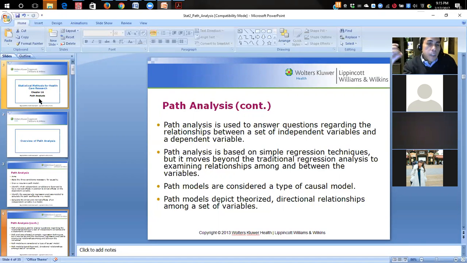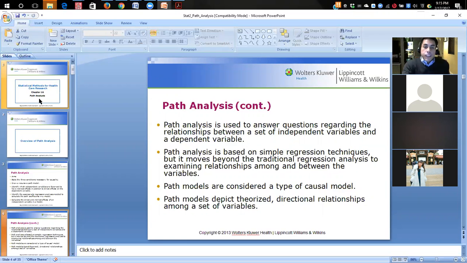Because when you look at the dictionary and you ask yourself, what is the meaning of recursive? It actually means circular. So it's quite ironic that they called path analysis a recursive path model, when in fact, it doesn't allow any circular path of the independent variable.